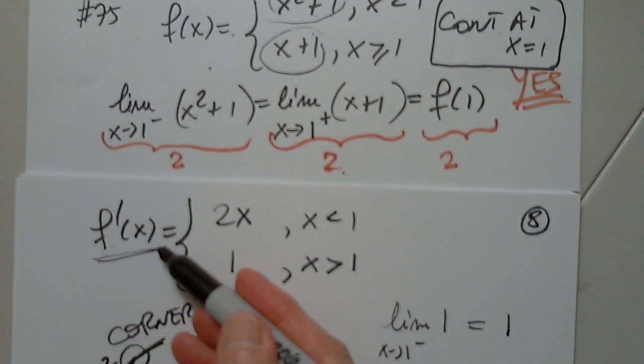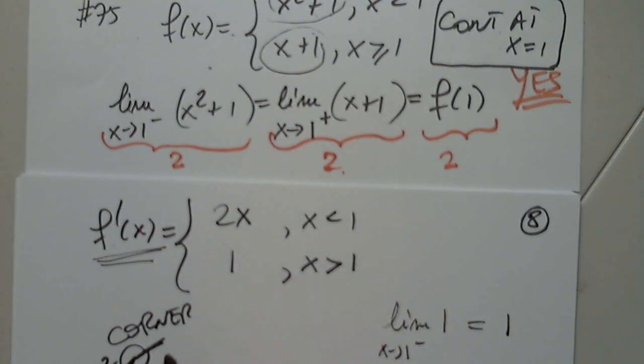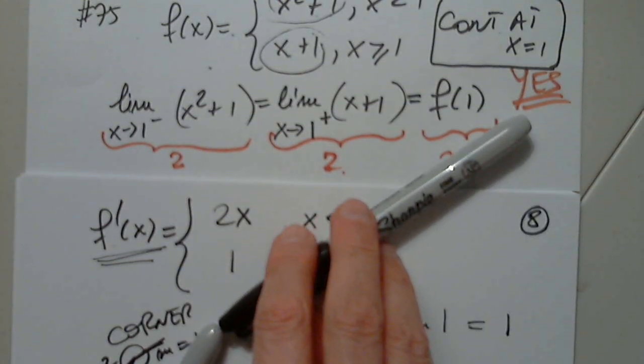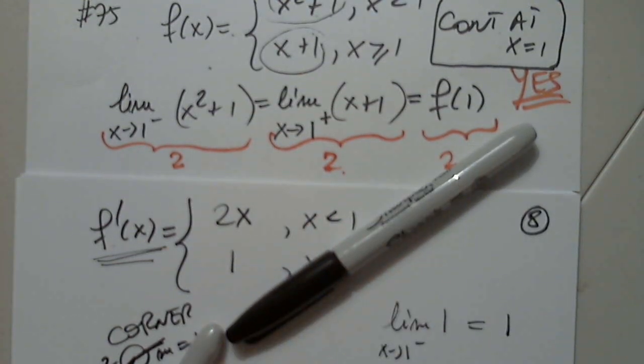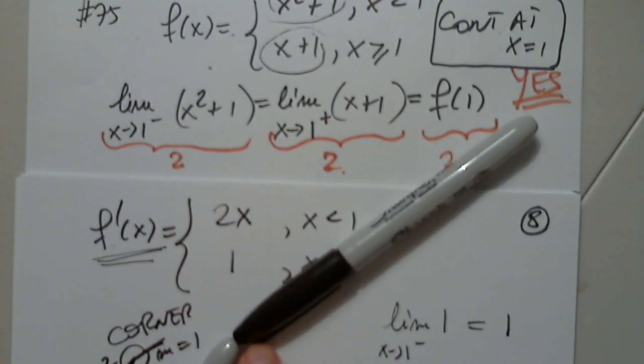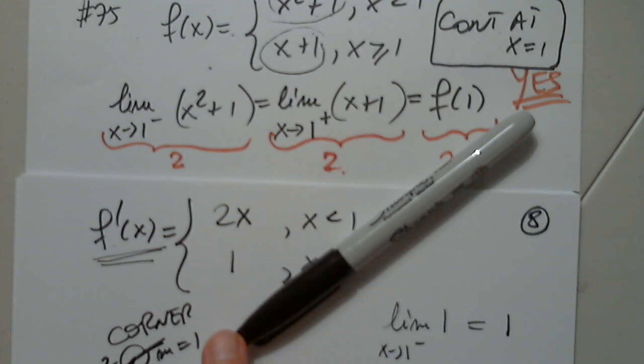We're talking about the derivative. And the limit from the right, so the slope here is 1. So it's a corner. This is more acute than this one. This has slope 2 and this has slope 1 at this point. Although the function is continuous, it has a corner. It will not be differentiable.